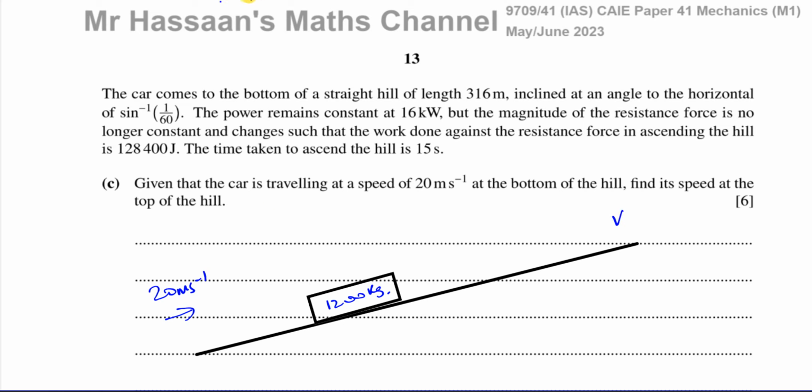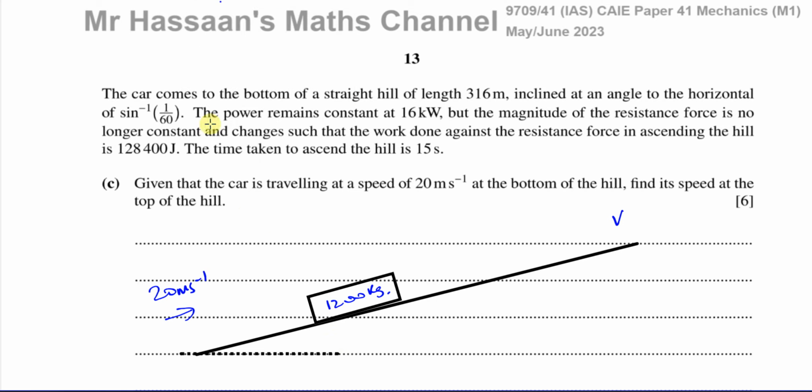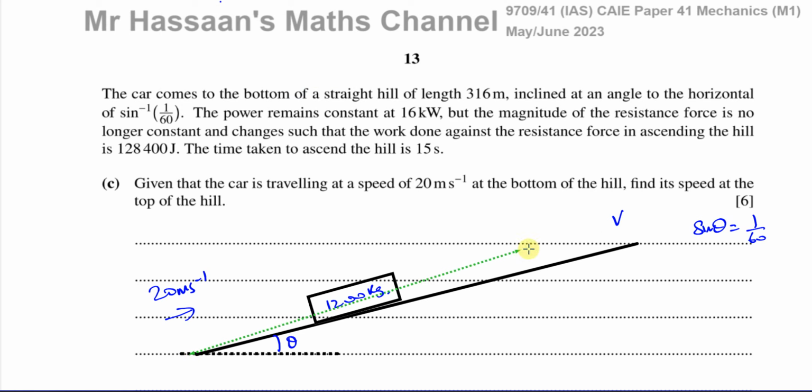Now, we know a few things about this situation. We know that the sine of the angle is 1/60. I'll just call this theta for now, and we can say sine of theta is equal to 1/60. We know that the distance traveled along the hill, from there to there, is 316 meters.